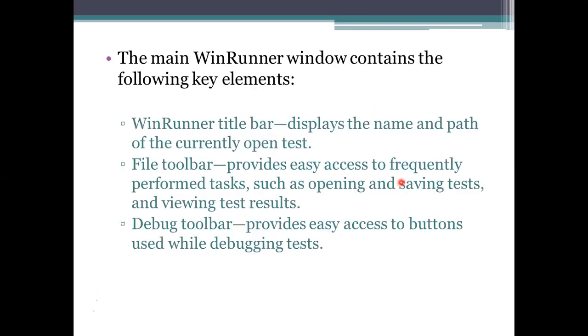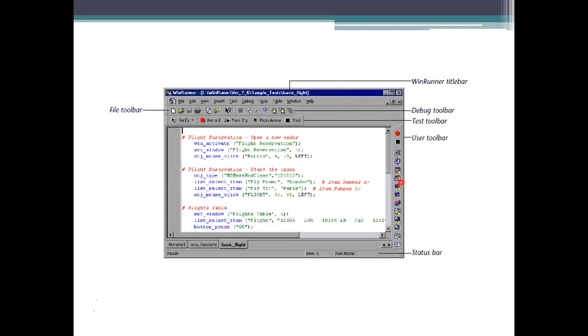Okay. And coming to this WinRunner main window, we have multiple representations here. After clicking on that OK button, we get this. This is the main window we are having, and it has multiple elements here. There are key elements here. The first key element is the title bar.